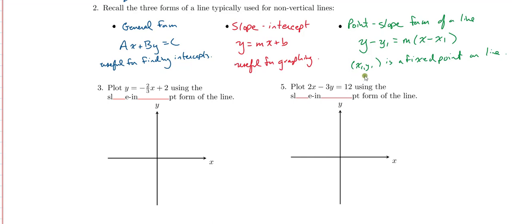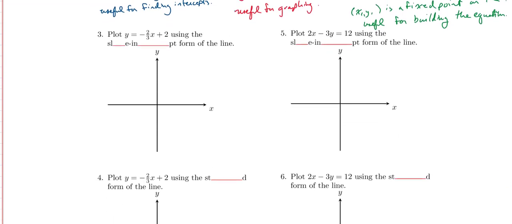I'll tell you now that this is useful for building the equation of a line. Whenever we're asked to come up with an equation for a line, we will more often than not use this form. And hopefully that gives you a little bit of a hint as to why we like it so much.